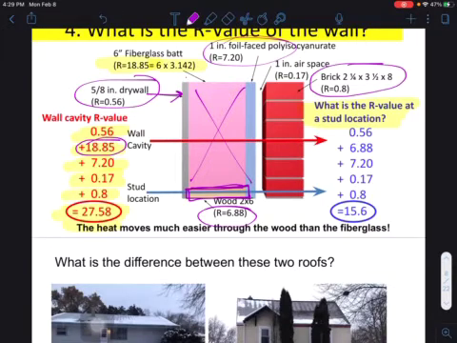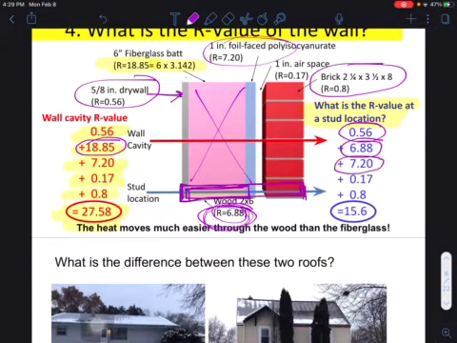So in order to calculate the total R value through the stud, from inside to outside, we still have the 0.56 for the 5/8" drywall. Now we have 6.88 for the stud.